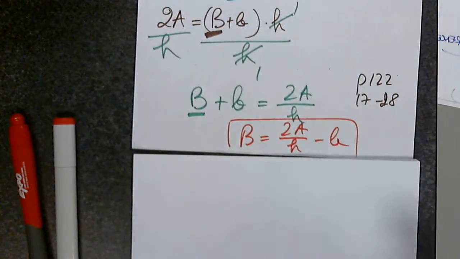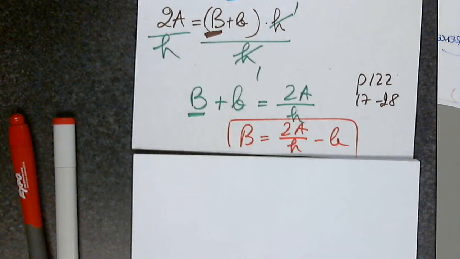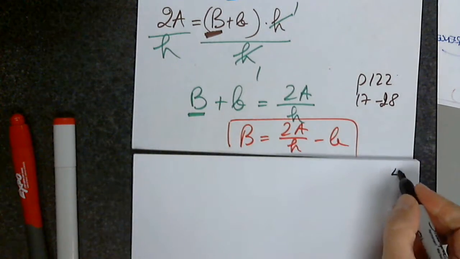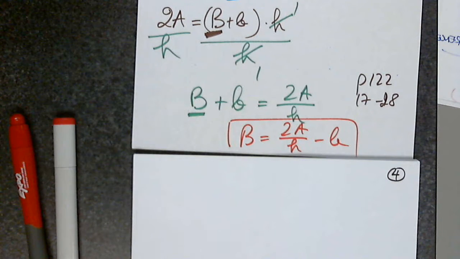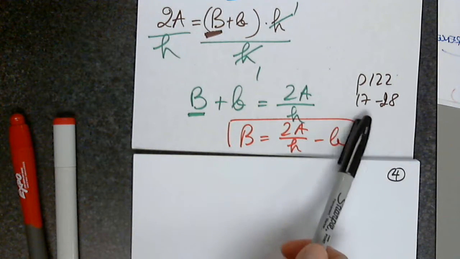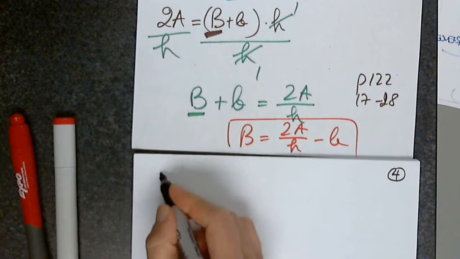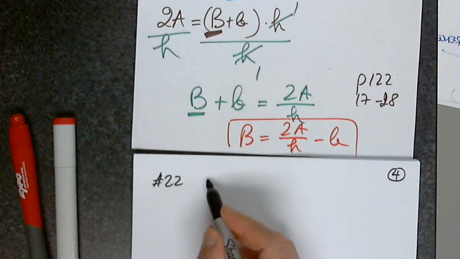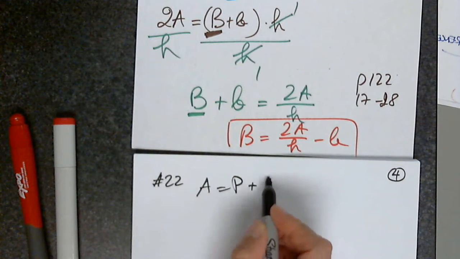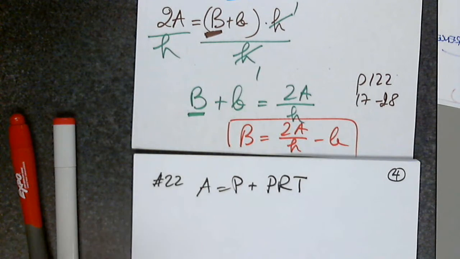If no preference, then it means that you trust me and I will choose. Okay, number 22. A equals P plus PRT, and we are asked to solve for uppercase T.